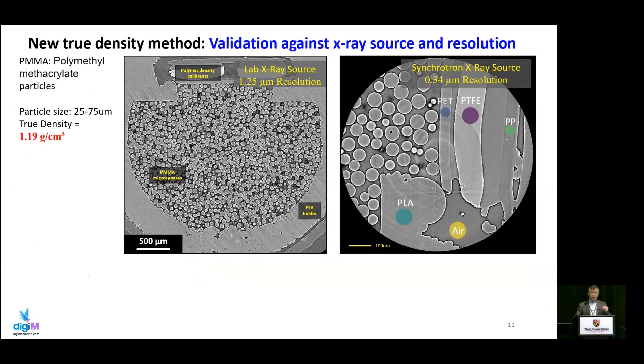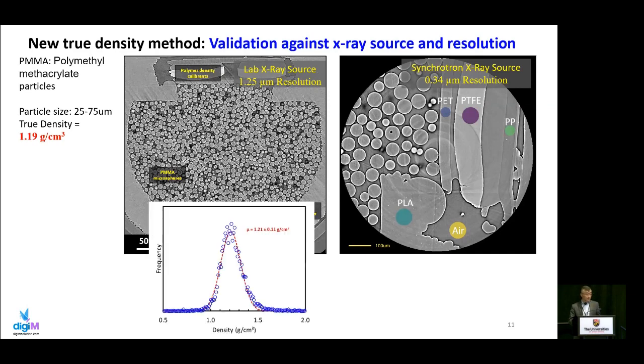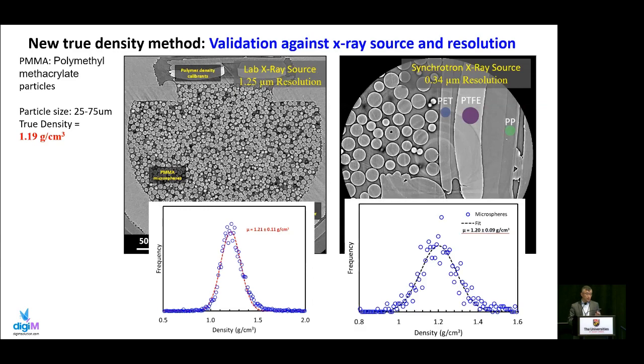Then we pretended we did not know it, and designed the experiment with all these calibrants. We were able to back calculate the density distribution corresponding to these particles. With the laboratory source, we calculated the density profile with an average density of 1.221, corresponding to 1.19 of the true material. And the synchrotron data shows very similar results.